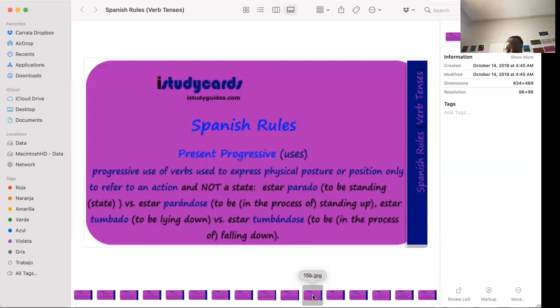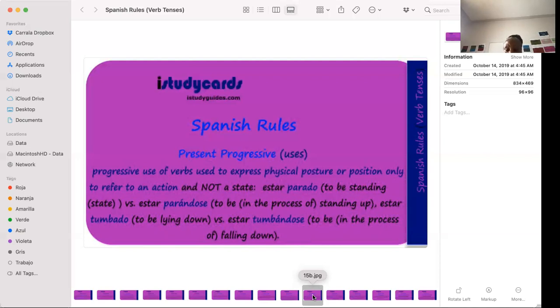It is only to be used to refer to an action, not a state. Because not all verbs express action. Some verbs express a state. For example, I am sad. I am happy. That's not a verb of action, that's a verb of state.